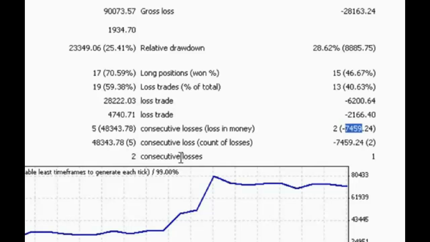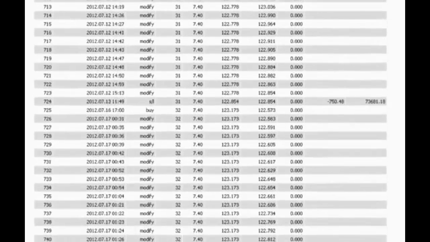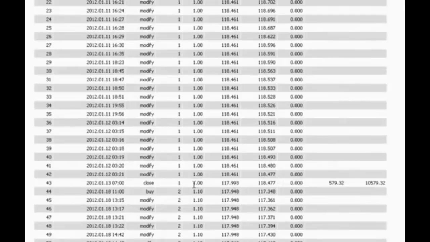Well, what you've got to work out is that these are based on averages, and if we have a look right down here, we've got a lot size of 7.4. So when we lose, we're going to lose a whole lot more than when the lot size is 1. Now, the lot size is directly related to the balance.